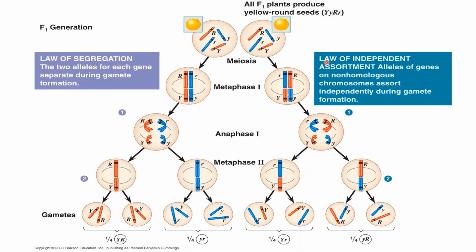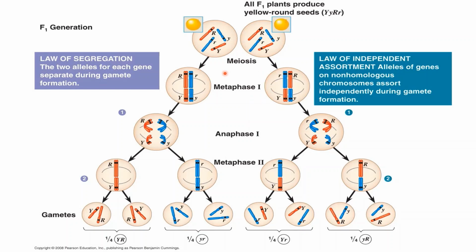Basically, both of Mendel's laws of heredity can be observed during gamete formation in meiosis: the law of independent assortment and the law of segregation. For the law of independent assortment, the non-homologous chromosomes that carry alleles of different genes will assort independently of each other at the metaphase plate during metaphase 1.